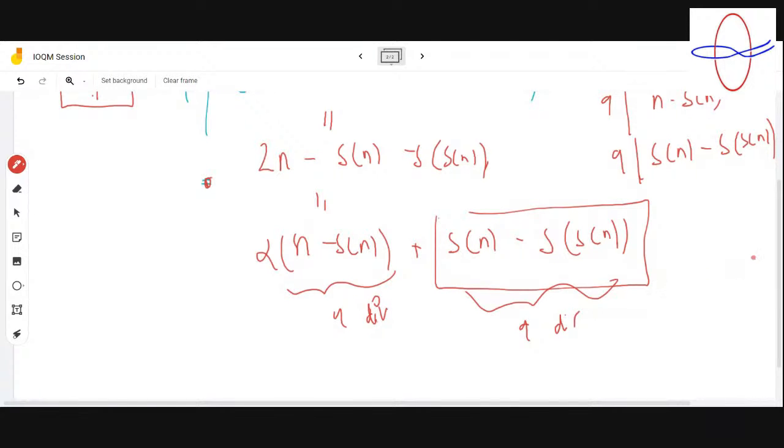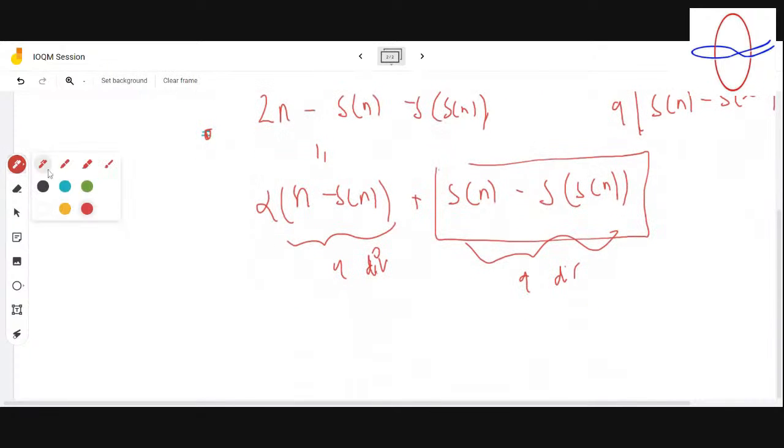Therefore we get that 9 divides 3n minus 2007. You see? 9 divides 3n minus 2007.